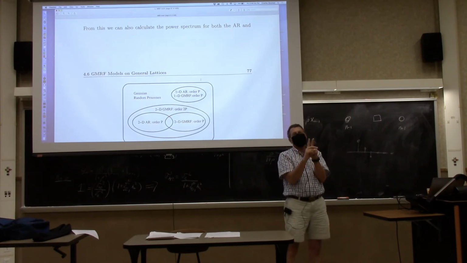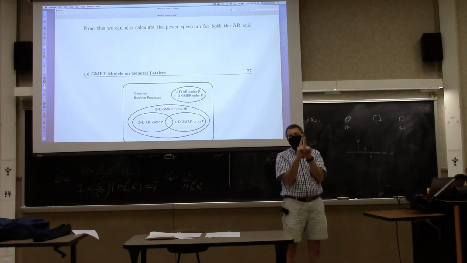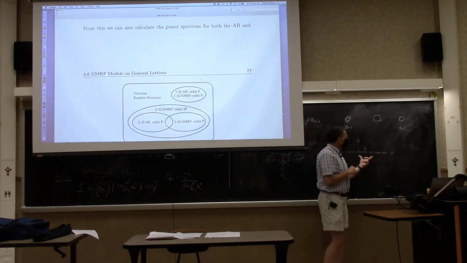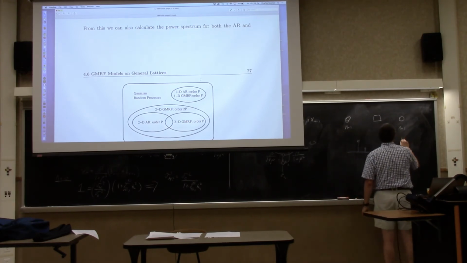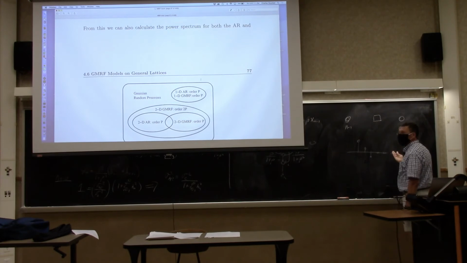So you might think it would be M plus N, but it's not. It's M plus N minus 1. So if you correlate it with itself, you're going to get 2P minus 1, right? 5, okay?